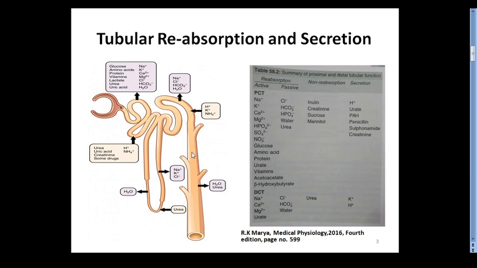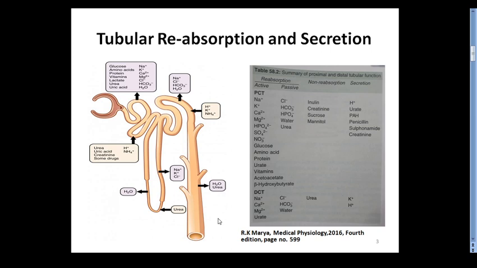Similarly this is the collecting duct. From there water and urea are again reabsorbed, and finally only 1% of the filtrate comes out and urine is formed. So this is all about how different constituents of the filtrate get reabsorbed in different parts.